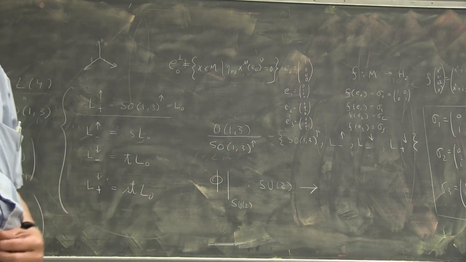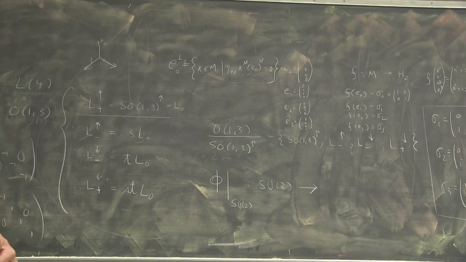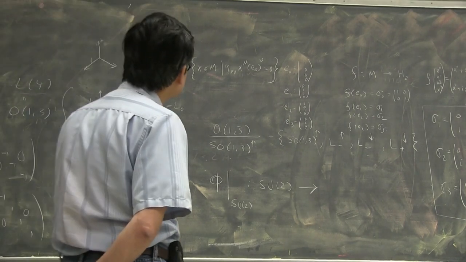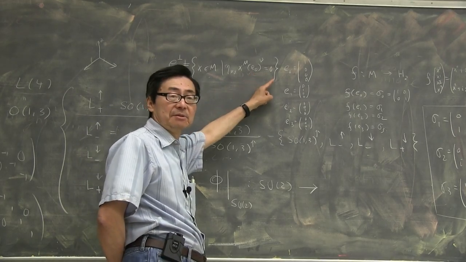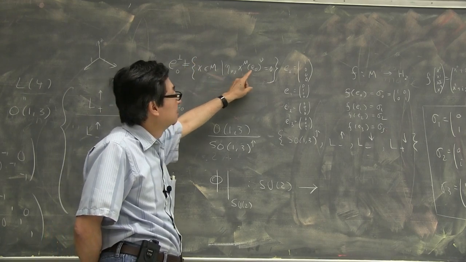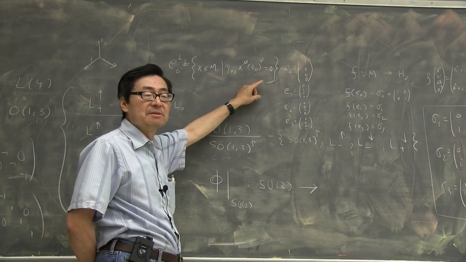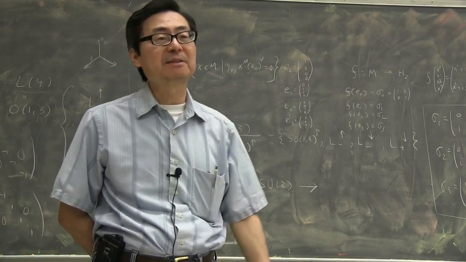It's perpendicular to the time axis because it dotted with the time axis is equal to 0. Any vector in this set which, when you dot it with the axis, is equal to 0, must be in the orthogonal subspace to the time axis.